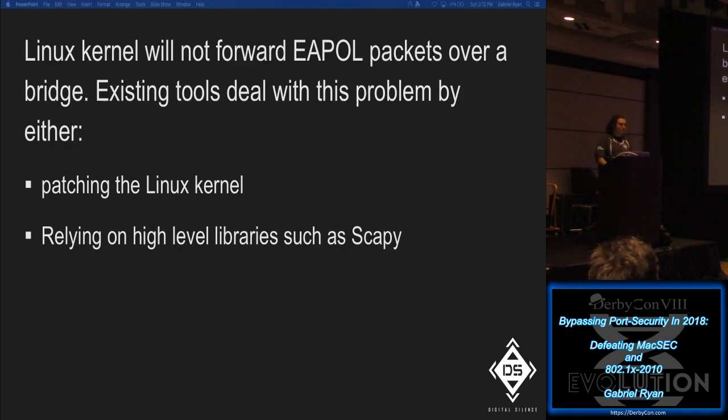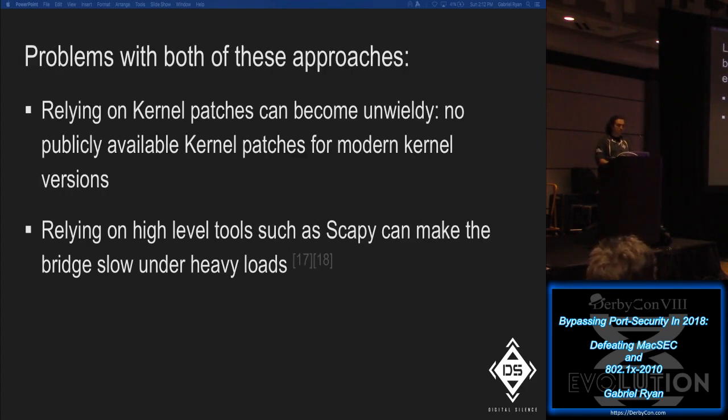The other problem he had to overcome is that the Linux kernel will not forward EAPOL packets over a bridge by default. Existing tools deal with this problem by either patching the Linux kernel, or, in the case of Fenrir, relying on high-level libraries such as Scapy. There are problems with both approaches, although at the time these tools were created, this wasn't something that could be overcome.